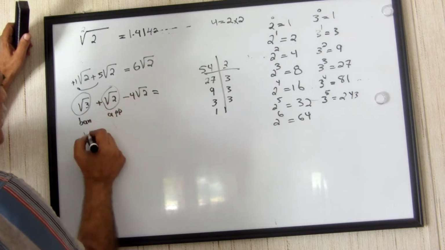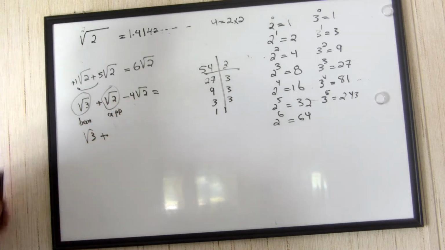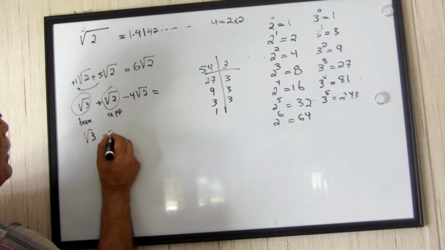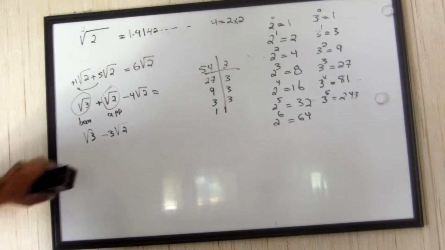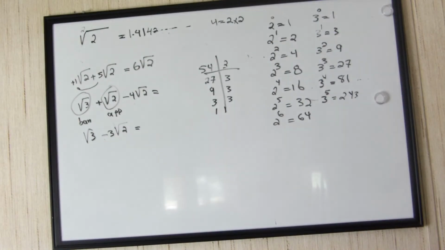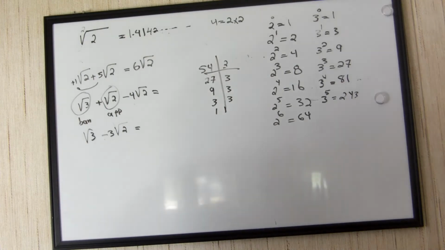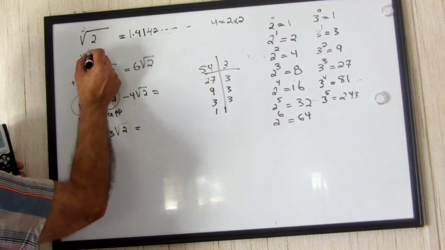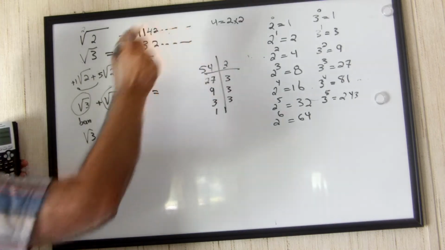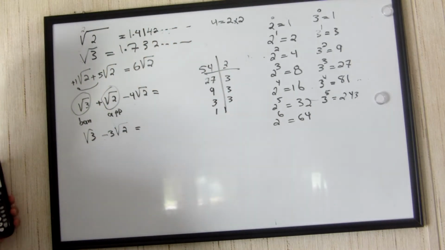The result is going to be 4 square root of 2, 1 square root of 2 minus 3 square root of 2. But you can find the value of this one: the square root of 3 is 1.73, 1.732, and so on.